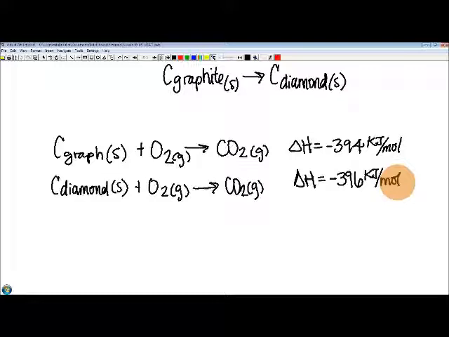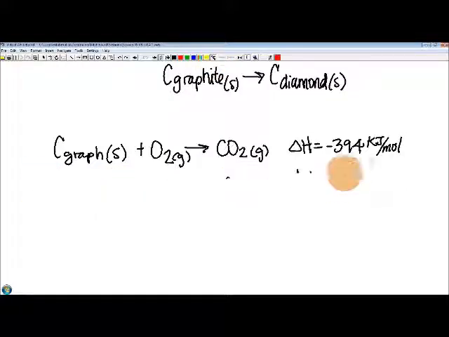We want the carbon of diamond on the product side, so that means we need to flip our whole equation so that the carbon of diamond is on the product side. I'm going to erase because I don't have very much room, but what I would do for you guys is draw a line through it, and then rewrite it flipped. That means the products are now going to be the reactants, and the reactants are now going to be the products.